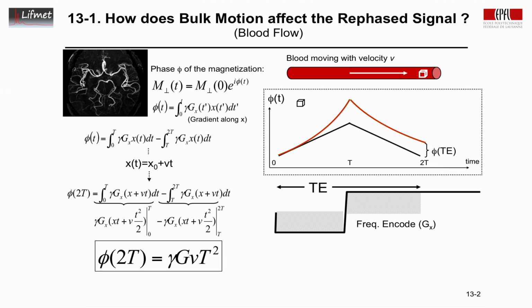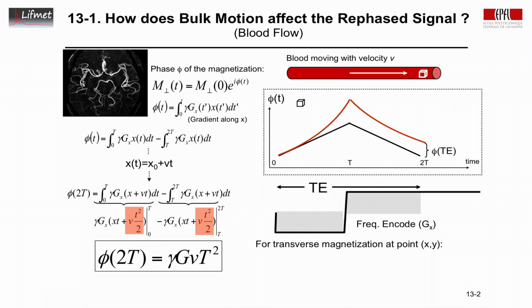And this difference in phase, phi of TE, is dependent on the velocity. So it is a measure of the velocity of the moving blood in the direction of the gradient. It comes from the integration, from these two terms here that don't cancel out. In this integral, the stationary magnetization phase cancels out.